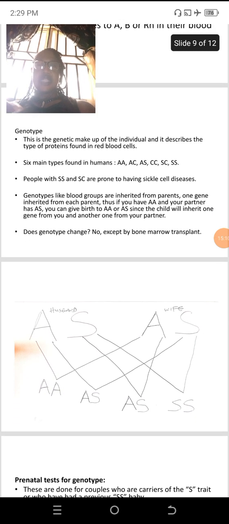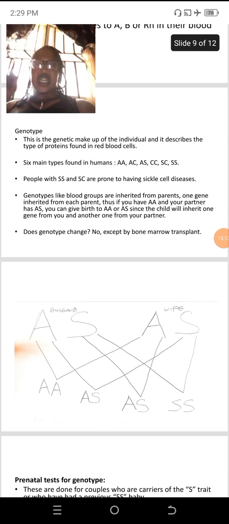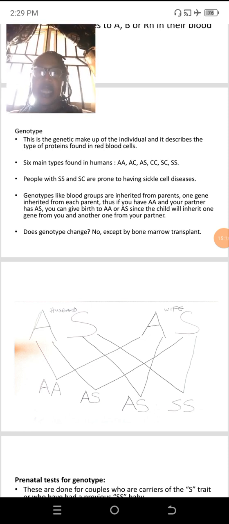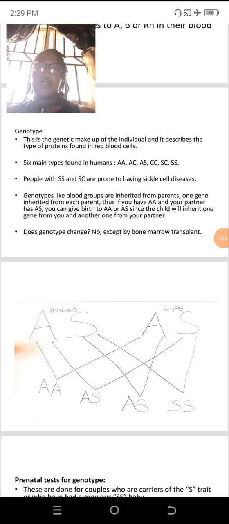Now let's look at this diagram for you to understand that properly. Now look at husband. Husband is AS, wife is AS. So if the woman conceives, the baby will receive one from the husband and one from the wife.